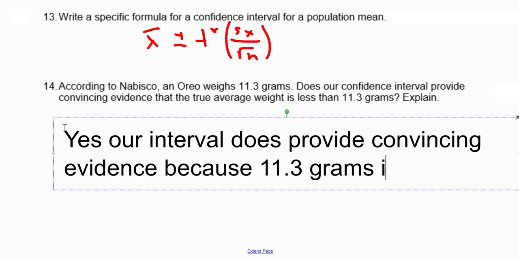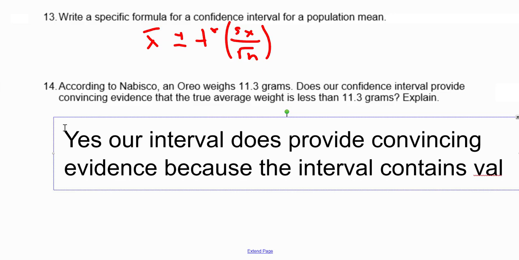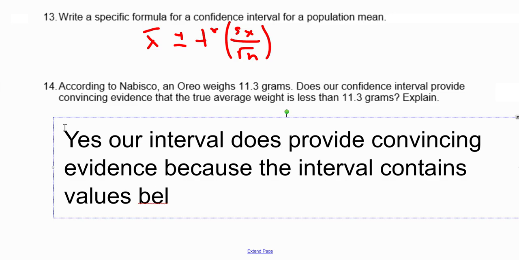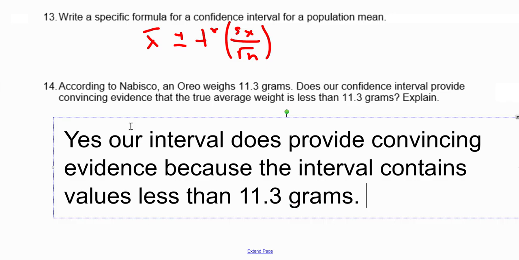Maybe I should say because the interval contains values less than 11.3 grams. That probably makes more sense. So yes, the interval does provide convincing evidence because the interval contains values less than 11.3 grams.